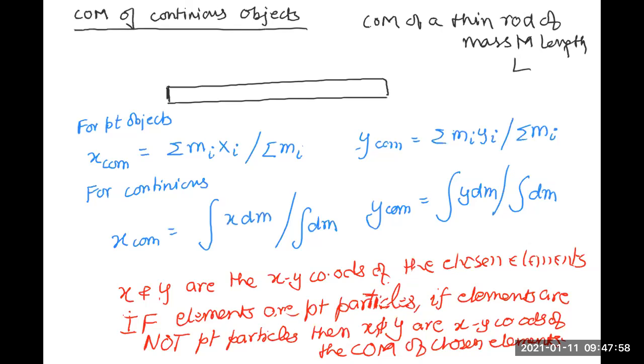But in case your chosen element is not a point particle, and we will see how this pans out, then this x represents the center of mass coordinate of the chosen element. Okay, so I hope that most of you are finding this mysterious and unintelligible, but very soon, in around 45 minutes, you should be able to very nicely grasp what I'm saying.